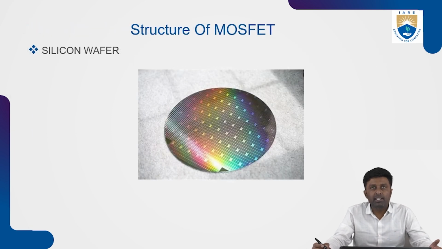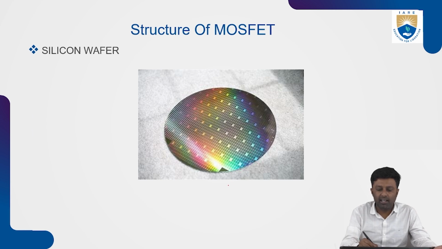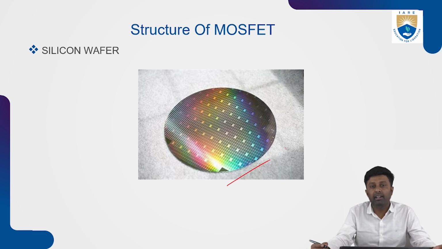Before we start our discussion of the structure of the MOSFET, we'll see the transistors in VLSI, that is, in very large scale integration. The transistors are integrated on silicon wafers.